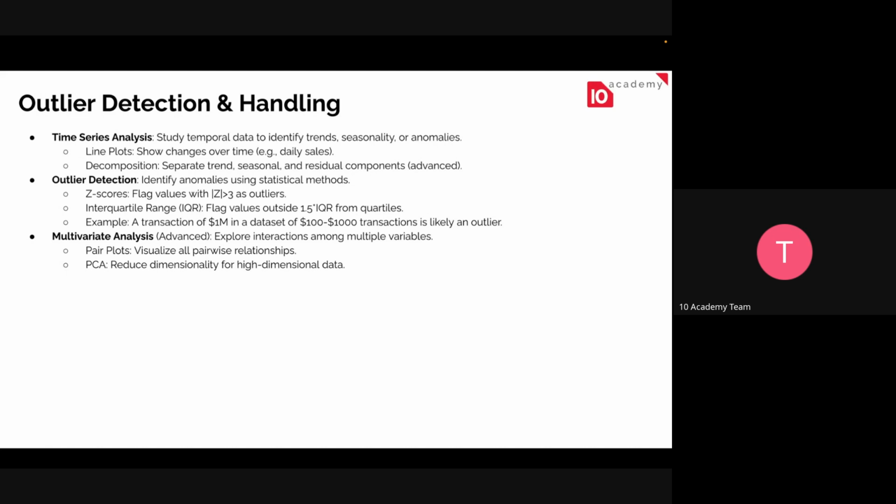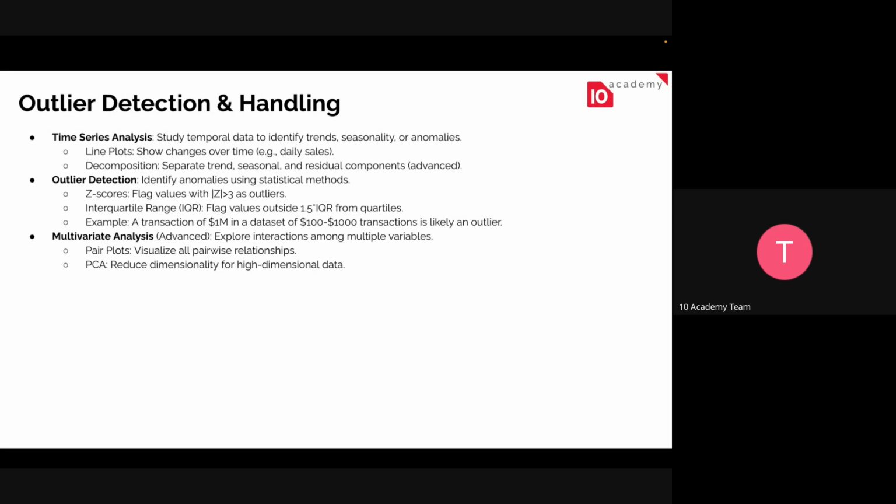An example of outliers is if our data set is from $100 up to $1,000 for all of the entries, and one entry happens to have a $1 million transaction, so it's likely to be an outlier. So we need to identify what it is and how it got there and flag it.